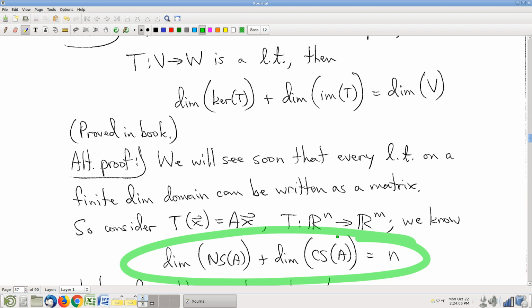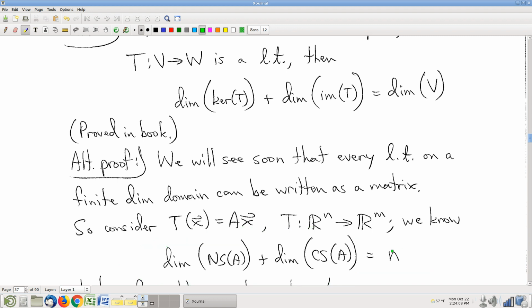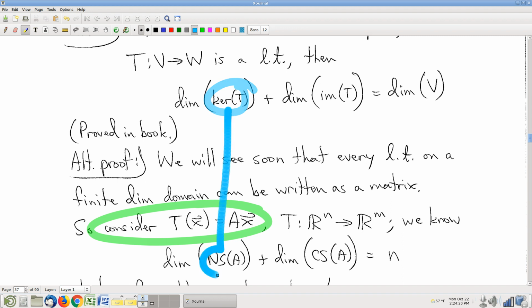Okay, well, this already then proves part of this result. Remember, if you're thinking about linear transformations that are representing matrices, the kernel is the null space, right? The image we just showed is the column space.